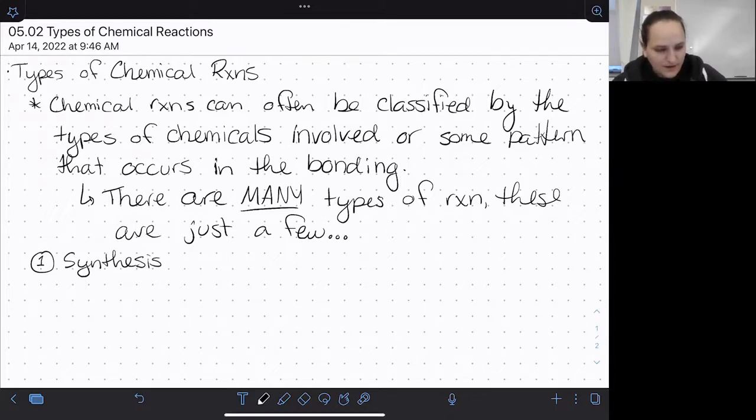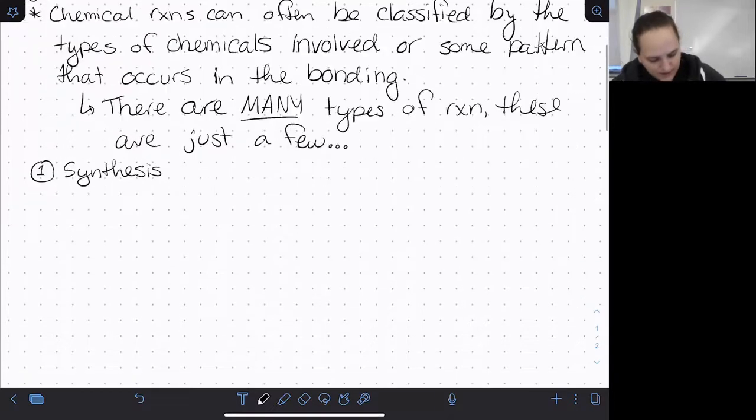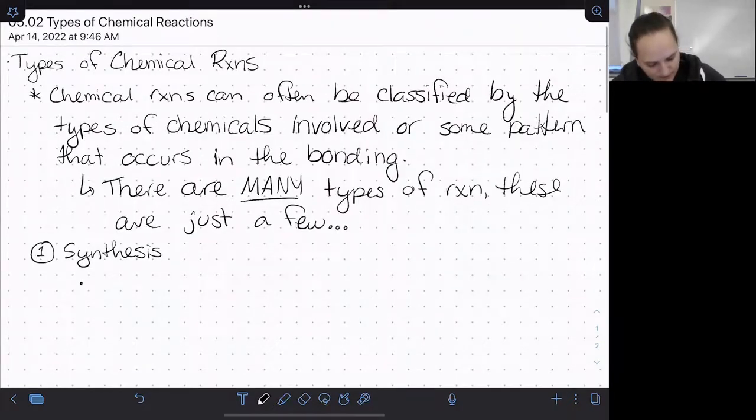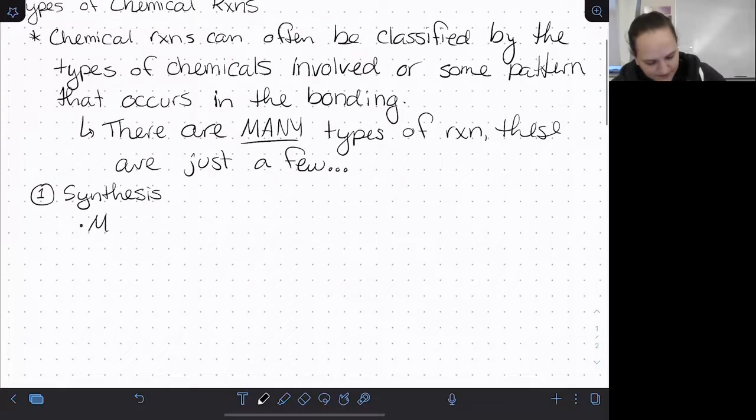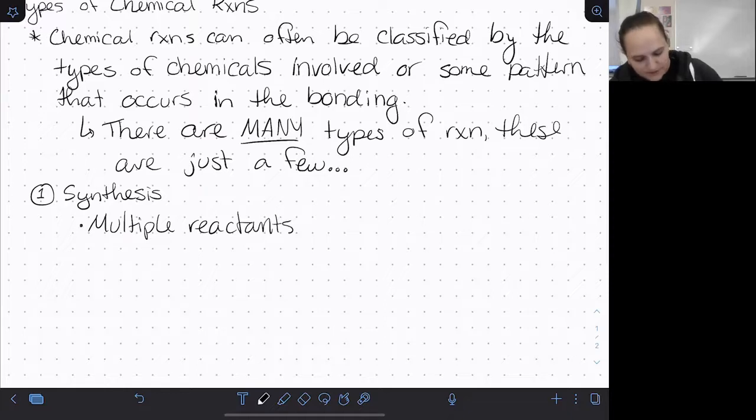This is when multiple reactants combine to form a smaller number of products.